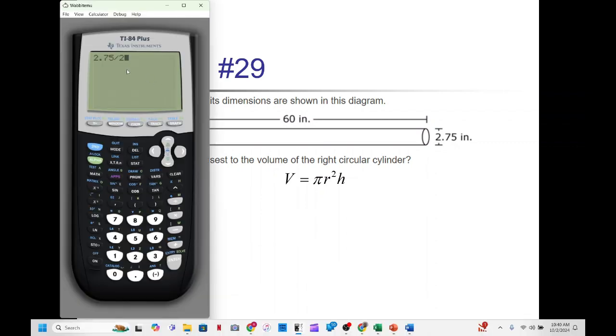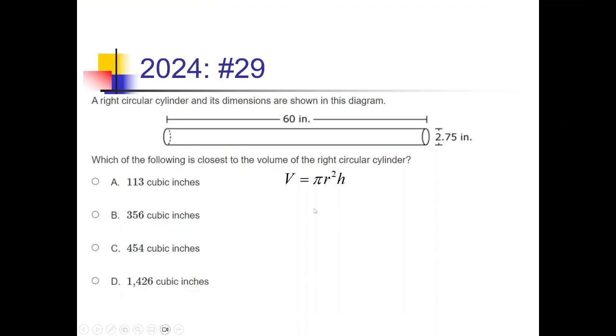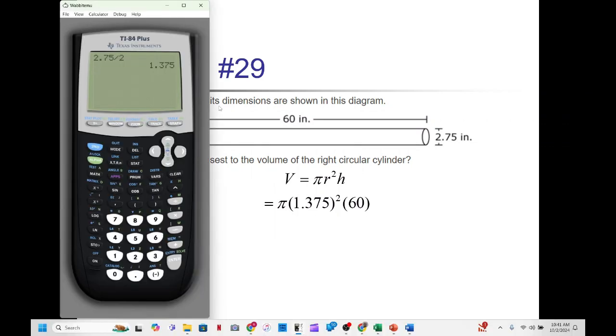So 2.75 divided by 2 is 1.375. So I want pi times 1.375 squared times this height of 60. And let me go back to the calculator and put that in. We've got pi roughly 3.14, although these graphers do have a pi button you can use.